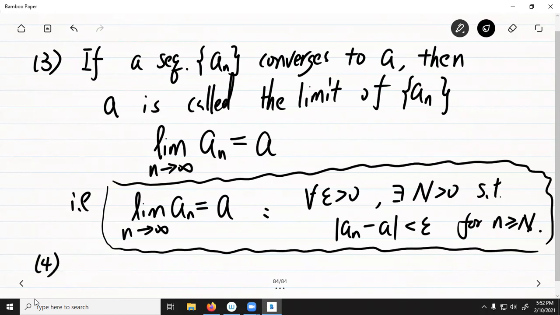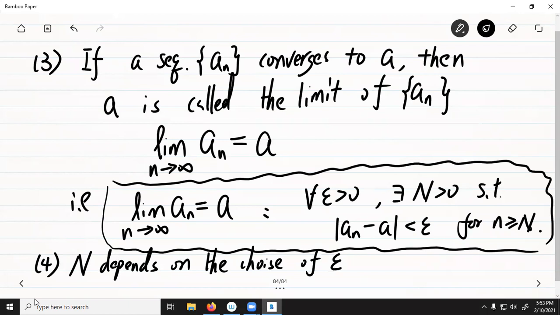Remark 4: this capital N depends on the choice of epsilon. For each epsilon you will have a different capital N. So actually, this capital N is a function of epsilon.